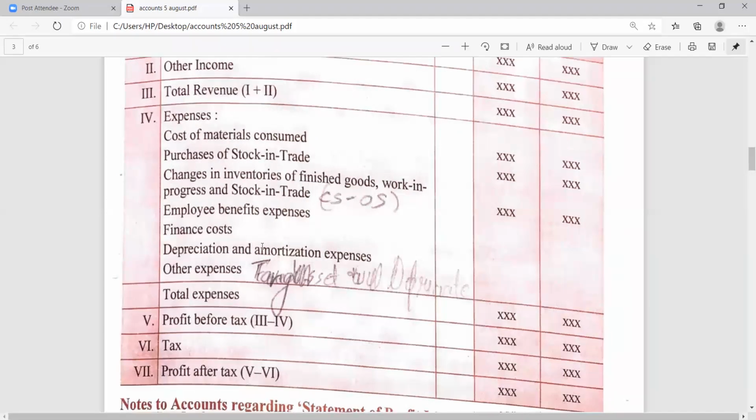Amortization expense means if any expense is to be written off, it is shown here. Then when we deduct the total expenses from the total revenue, what will we get?